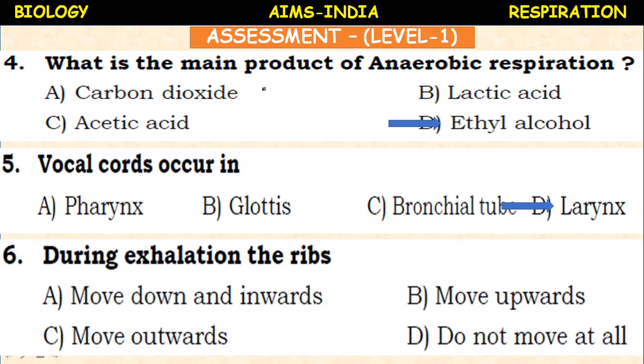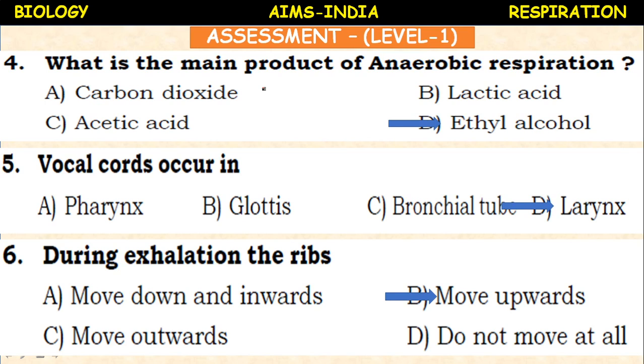During exhalation, how do the ribs move? Move down and inwards, move upwards, move outwards, or do not move at all. So they move upwards. During exhalation, the chest contracts.